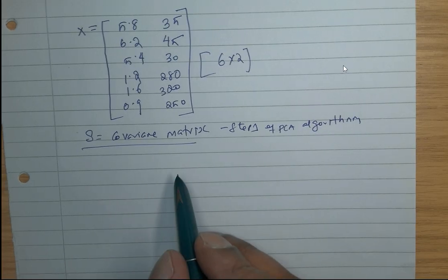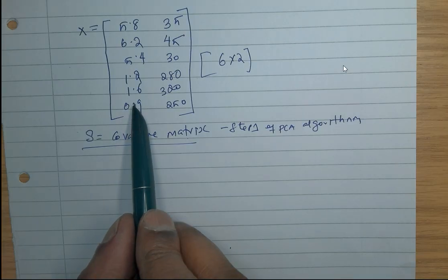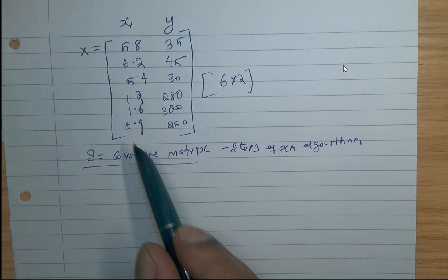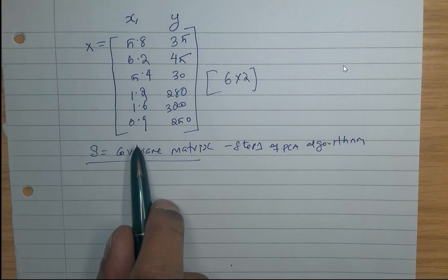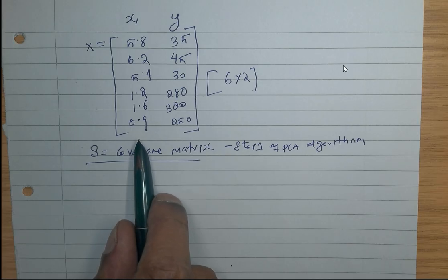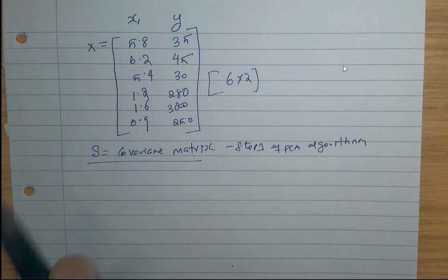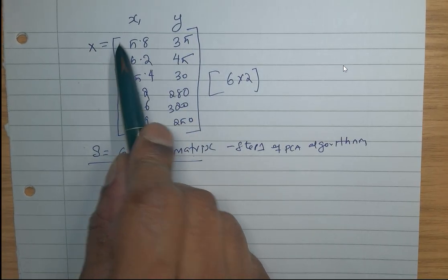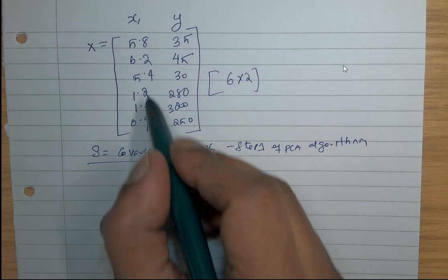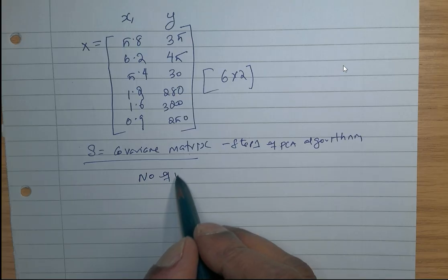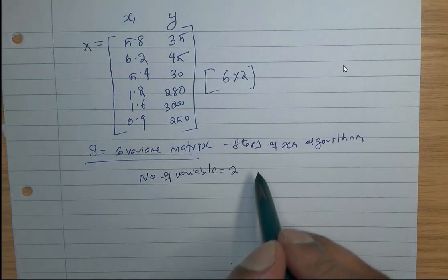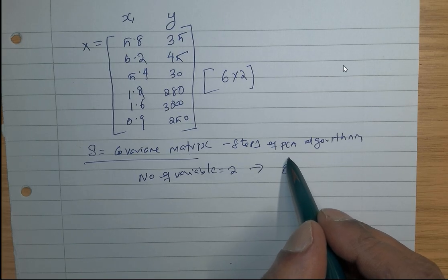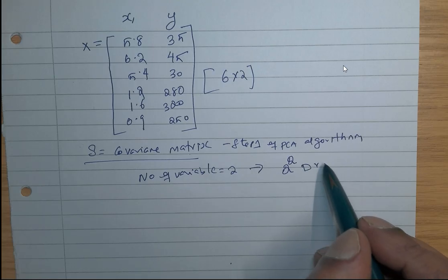And what is the covariance matrix? If you have two variables, x and y, the covariance matrix talks about the variance in the data of the ordered pairs. What do I mean by that? The number of variables is equal to 2, which means you will have 2 raised to the power 2 ordered pairs.